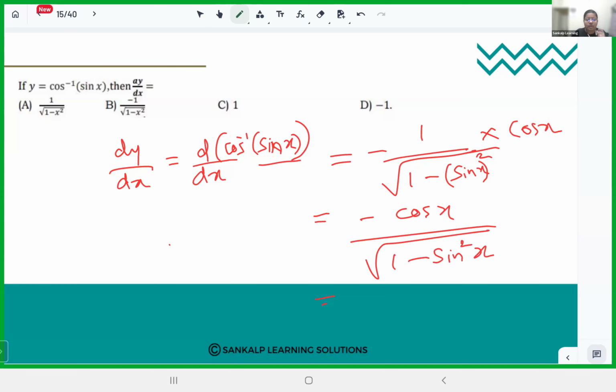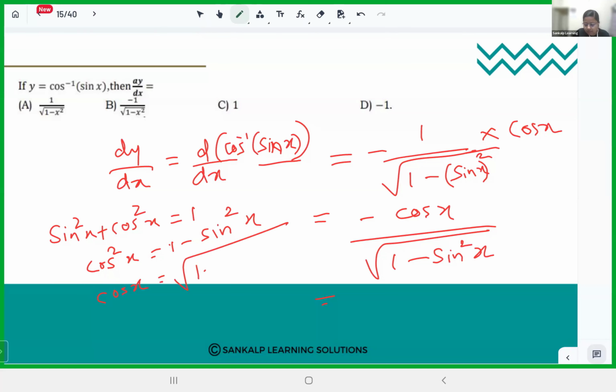And what is this root of 1 minus sin square x? We have an identity. Sin square x plus cos square x is equal to 1. From this, how will you find cos square x? Cos square x is equal to 1 minus sin square x. So what is cos x? Cos x is equal to root of 1 minus sin square x, right? So what is the denominator here?